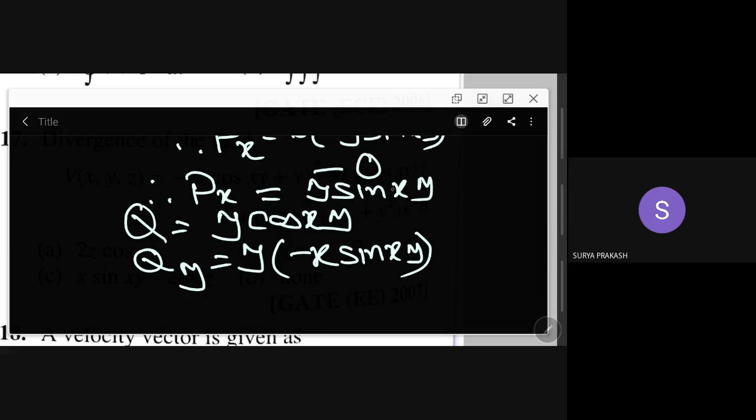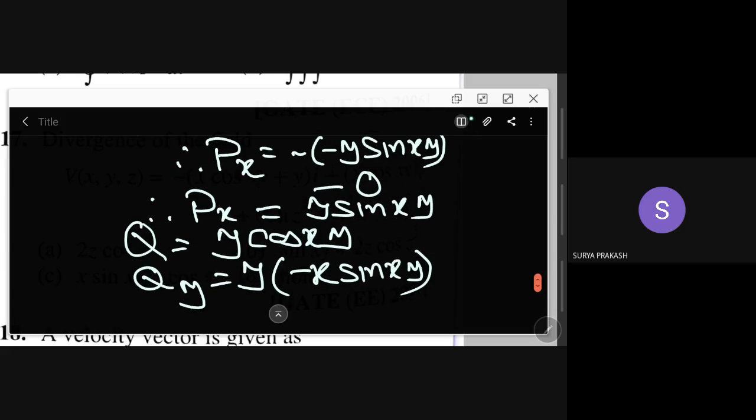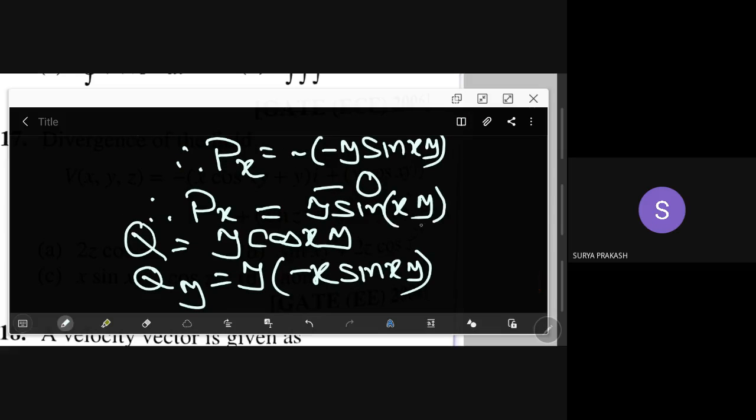Here please remember, I am treating this whole object as xy, x into y, sine of x into y. Sine of x into y is different from sine x multiplied by y. So I am treating it like this.